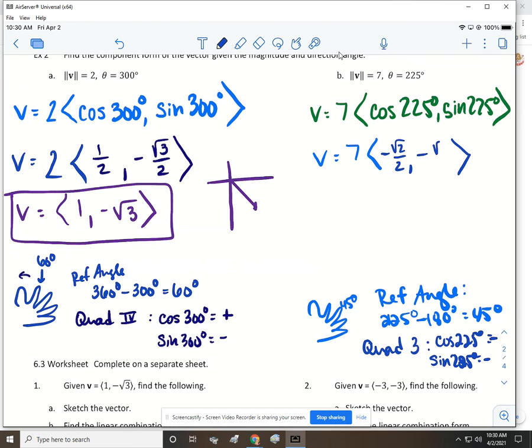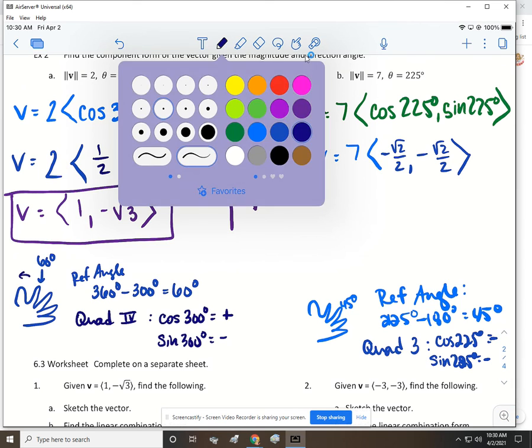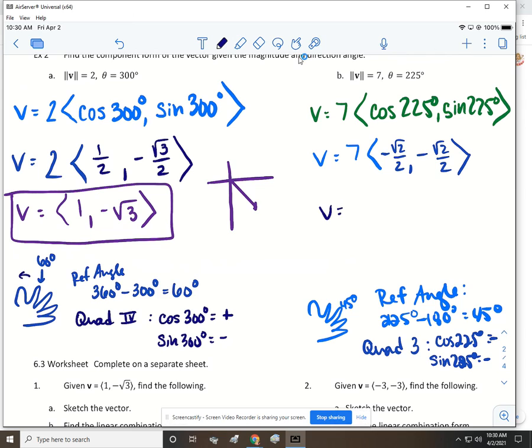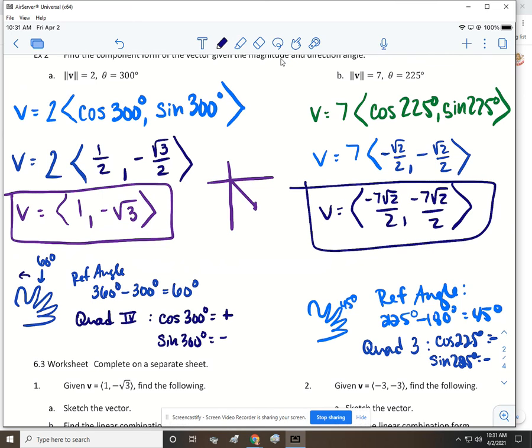For sine, we're going to do square root of the bottom over 2. All right, and then there's really not much we can do because the 7 is not going to reduce anything, so it would just be negative 7 square root of 2 over 2 and negative 7 square root of 2 over 2. All right, and then that would definitely graph in quadrant 3 because we do left and down.